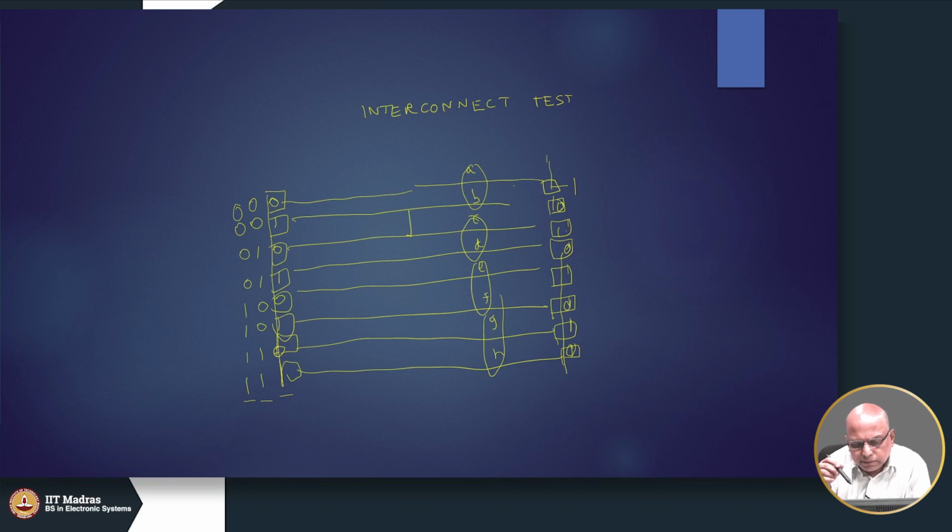In the second pattern, we are taking care of B, C, and maybe we have taken care of E, F, isn't it? No, this one, what is it?